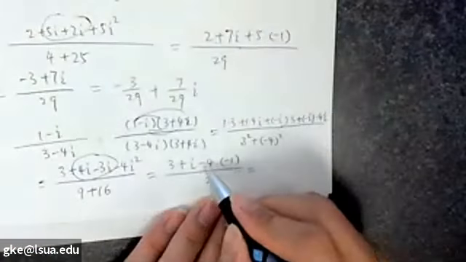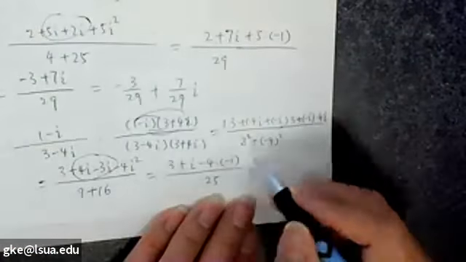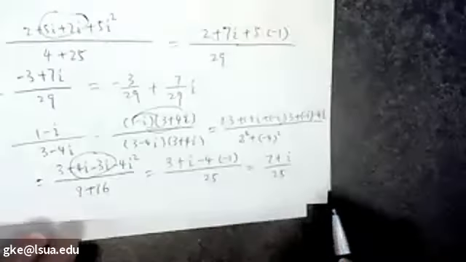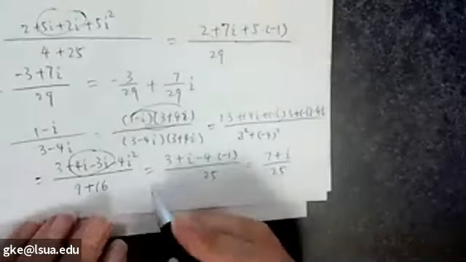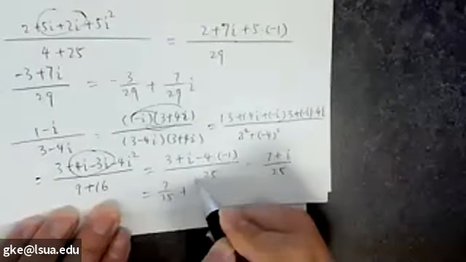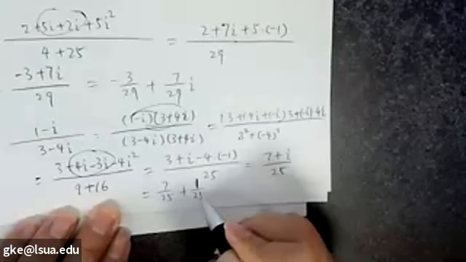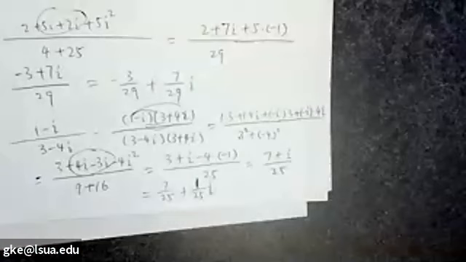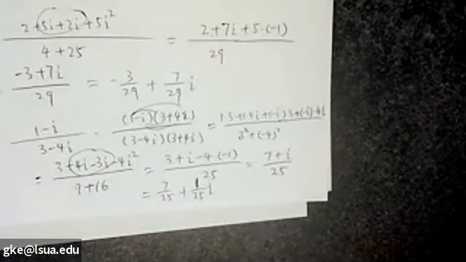And of course, negative 4 times negative 1 is 4. 7 plus i divided by 25. And then split these two. It's gonna be 7 over 25 plus 1 over 25 i. Okay, split these two.